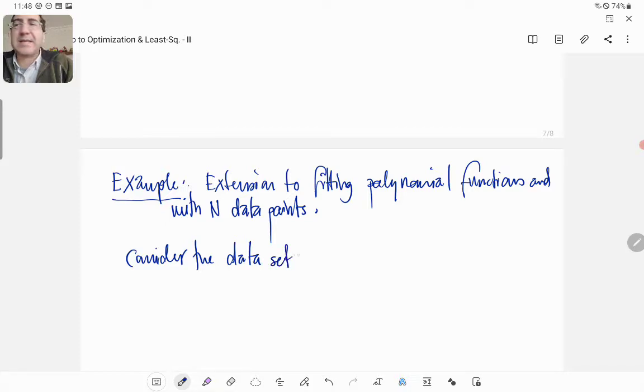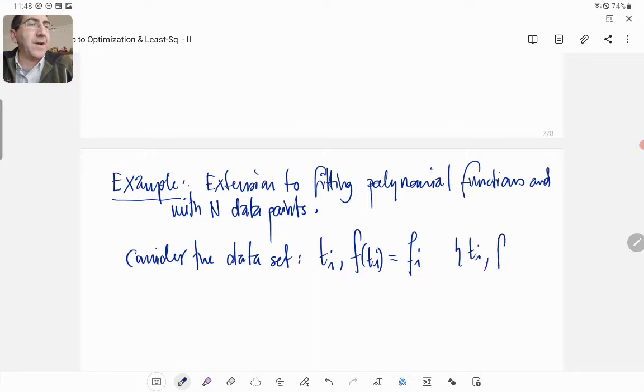So our data set this time is composed of ti and f of ti's, and f of ti is equal to, let's say, fi's. So I have pairs of ti, fi data points, and we have n of them.